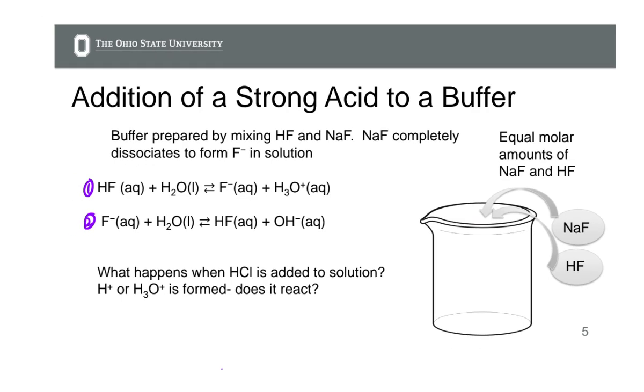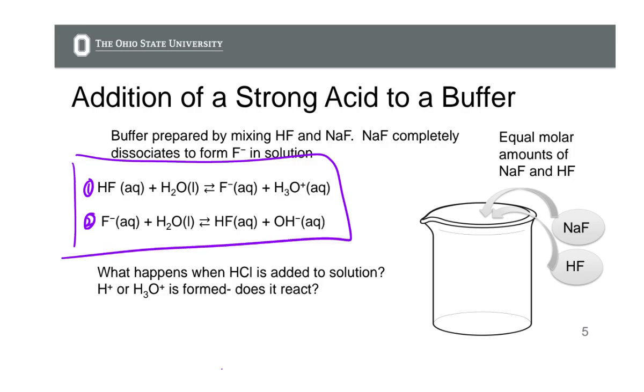If we add HCl to a beaker that contains both HF and NaF, so these two equilibria are happening, we add HCl, we form H+, okay? What does H+ react with? First, does it react with HF? Does it react with F minus? Does it react with OH minus?